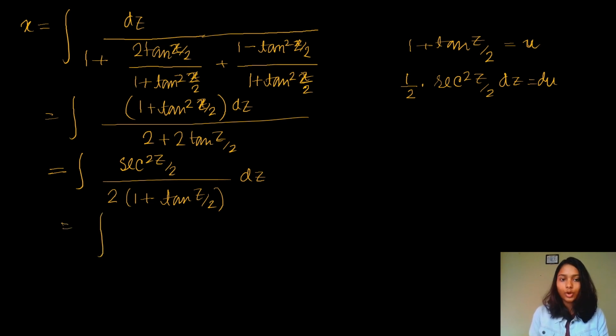So there is already a sec square z by 2 divided by 2, so it will become du divided by u.